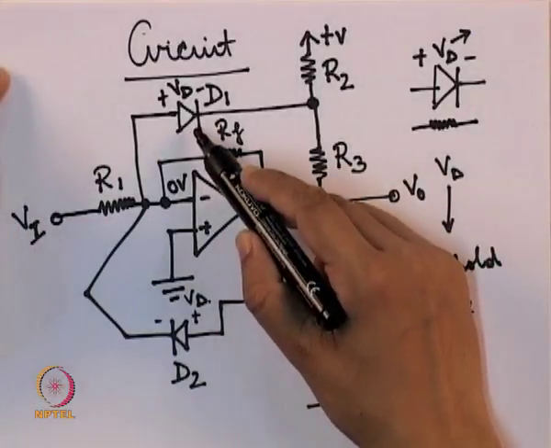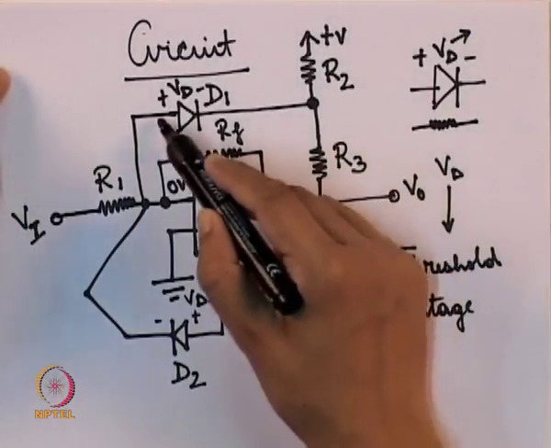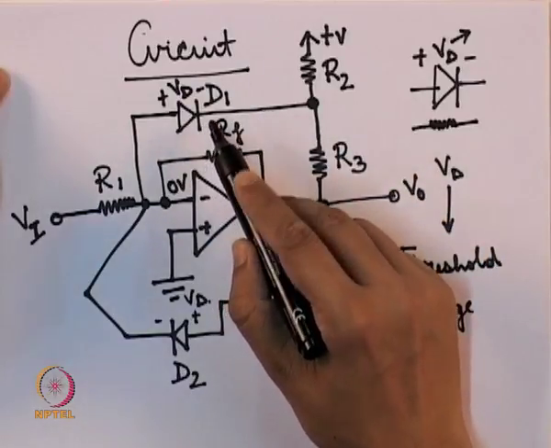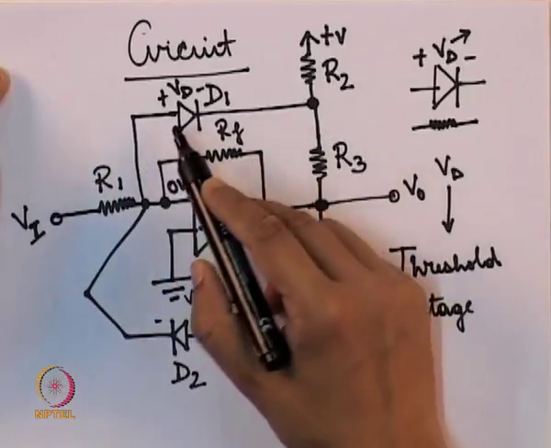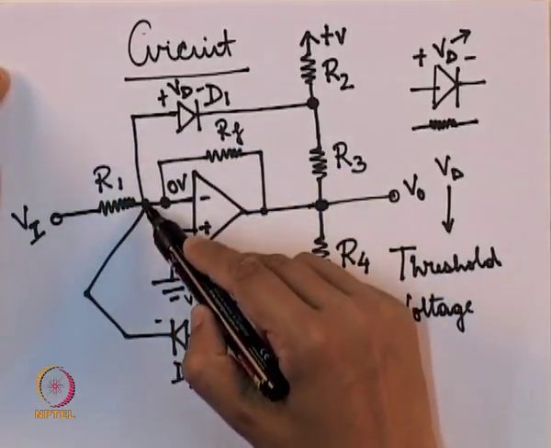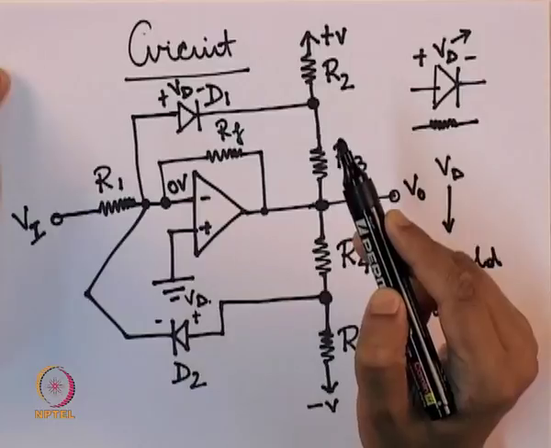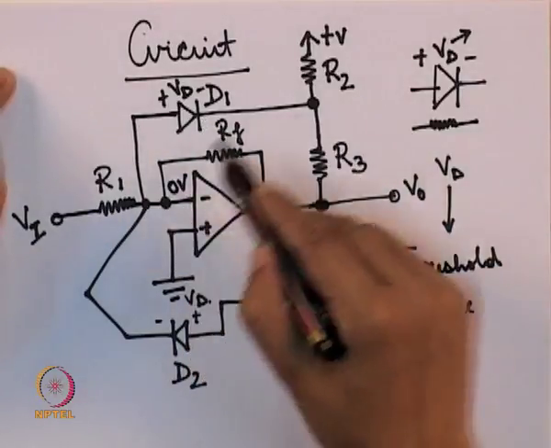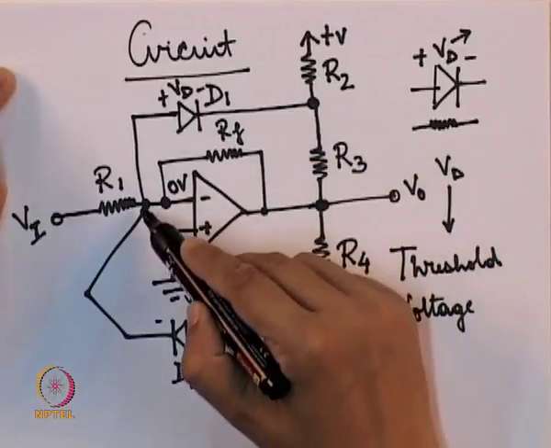If this diode is conducting in one direction and its internal resistance is very small, then we can simply assume that there is a short between this terminal and this terminal.